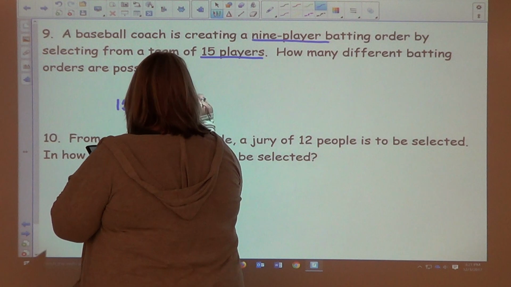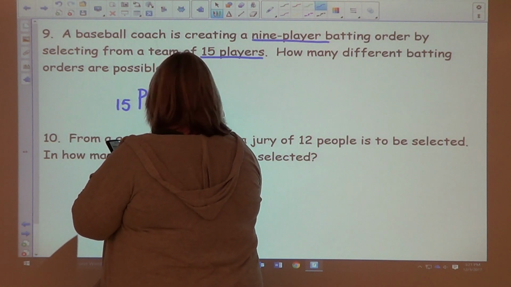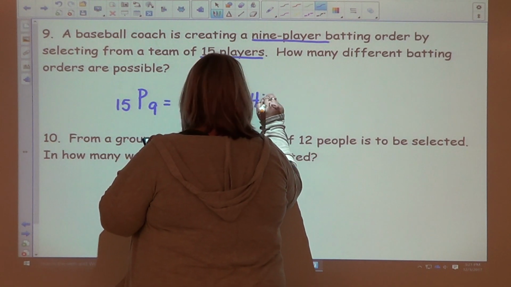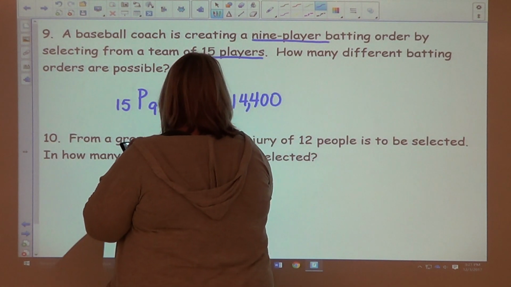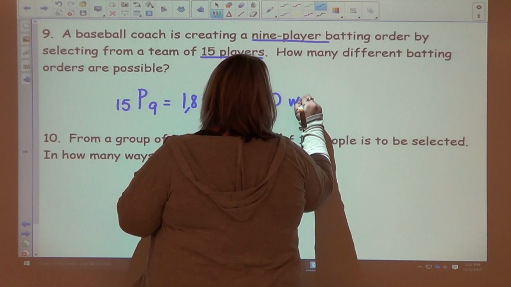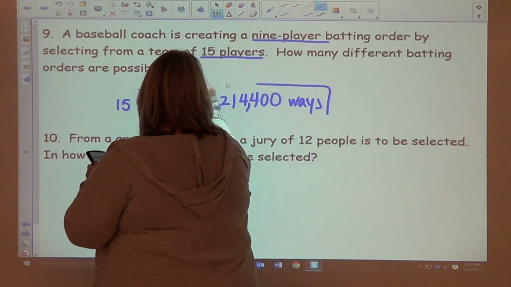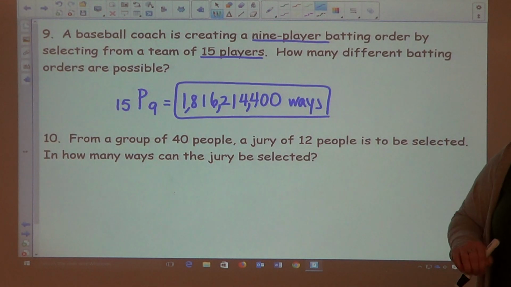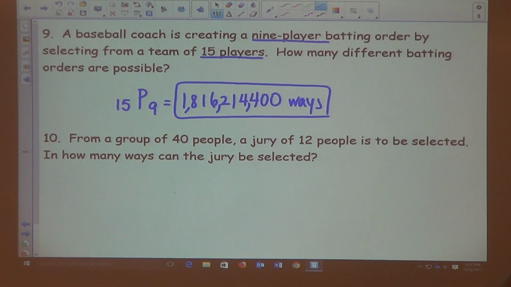So 1,816,214,400 different ways that this coach can make a lineup.